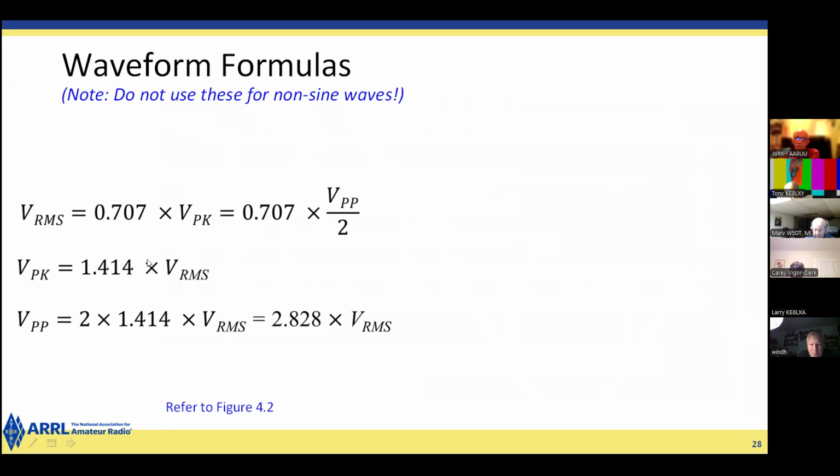Now, I only like to remember one number, so I just remember the 0.707, and in this case, I just divide the RMS by 0.707. But you can remember your 1.414 and your 0.707 if you must. And then, of course, with peak to peak, you have to take 2 times it because the peak is just half of peak to peak.